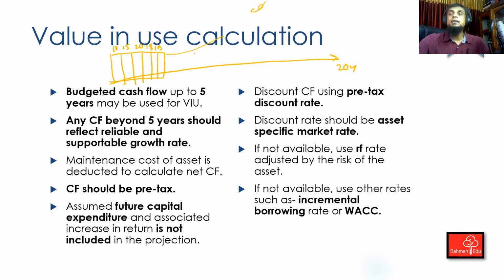In this extrapolation, you should assume a reasonable and supportable growth rate. Normally this growth rate should be a declining growth rate, maybe like minus 0.5% per annum. Cash flow will reduce, but sometimes you can use a positive growth rate also, but that should be low, right? These are just principles. But if you can justify something like a 20% growth rate, and I have evidence to support that, okay, you put the evidence.